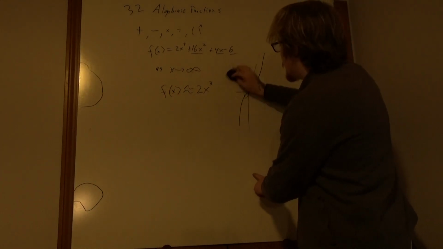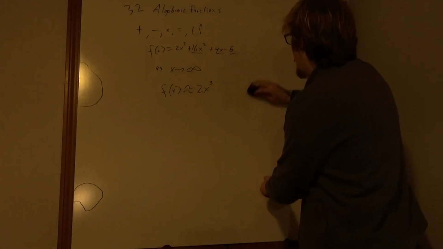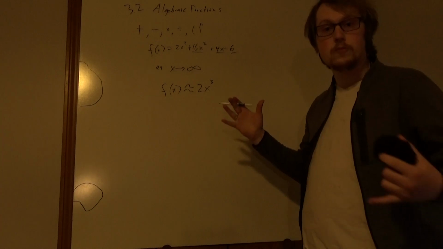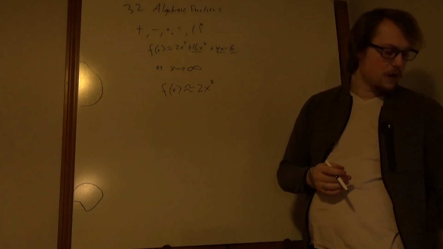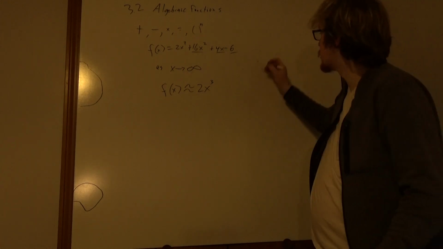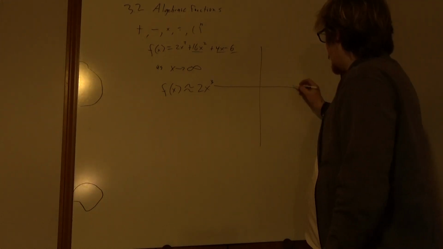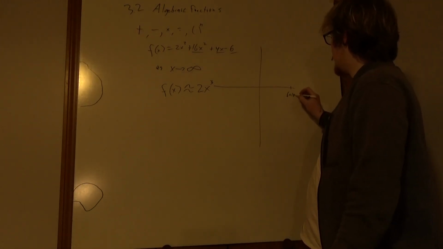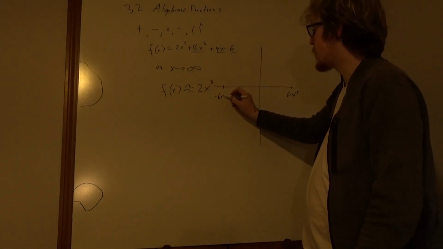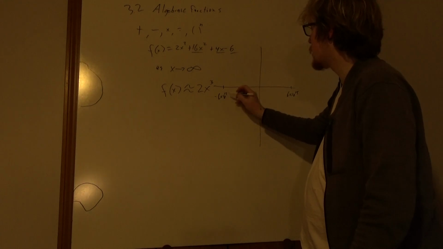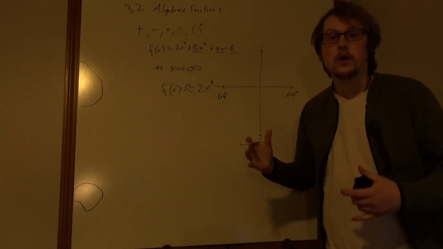However, that's because we are using small x values. If we zoom out really, really far and play with the axes a little bit, just so that we can see it better, then we get something which looks like this. This is going to be like 6 times 10 to the 15, and negative 6 times 10 to the 15, very, very large numbers.